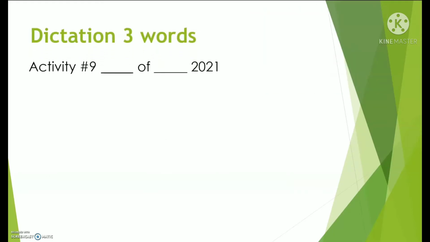Now let's do our dictation for today. Bring out your piece of paper, your notebooks. Write the activity number, the date, the month, and the year. Okay, let's begin. Number 1. Spell the word ovules. Number 1.